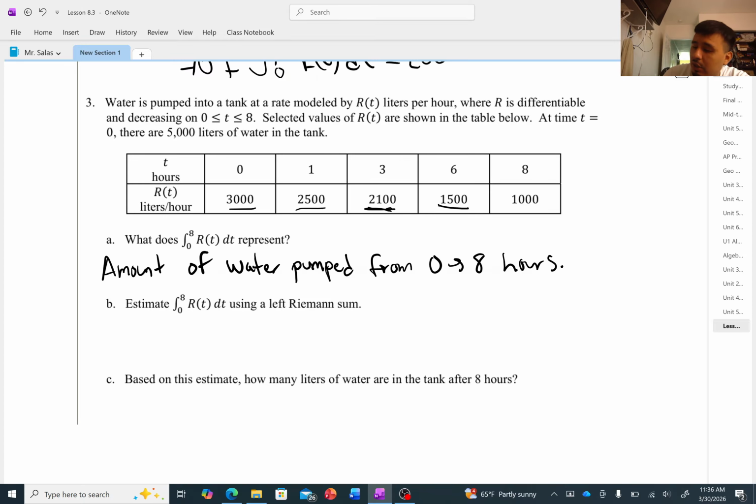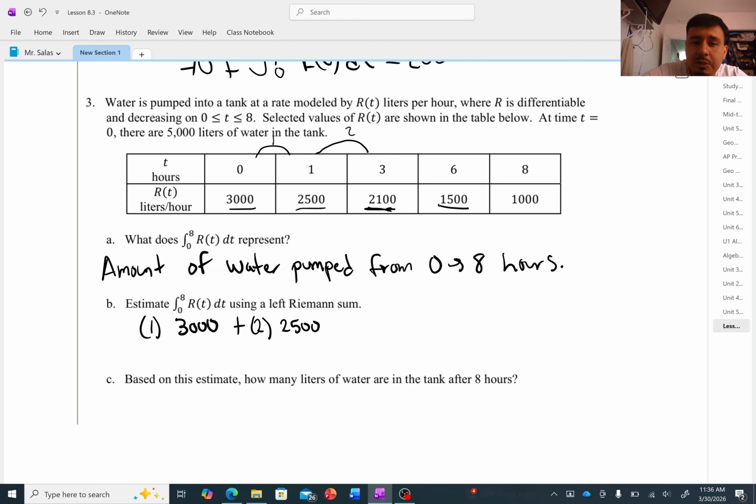I'm going to start this off by saying it's going to be 3,000 times 1. Why is it times 1? Well, because the distance between here and here is 1. So now plus 2 times 2,500. How did I get that distance? The distance from here to here is 2. Here was a distance of 1.